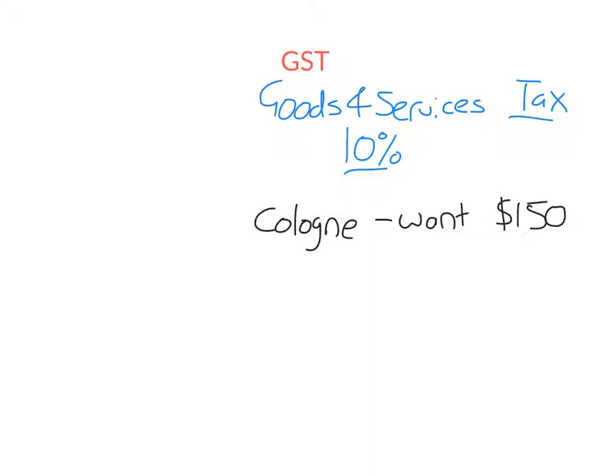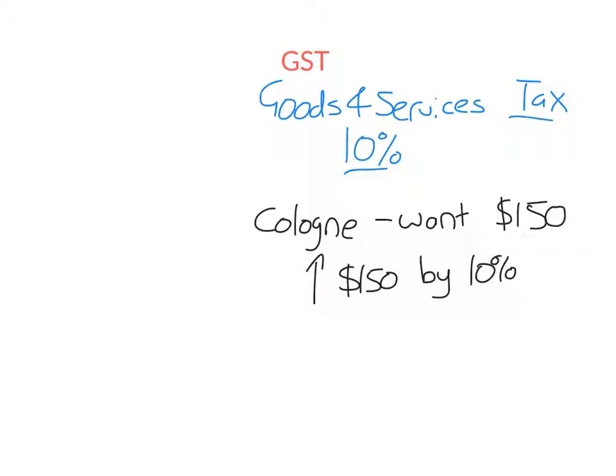So what companies have to do, they have to get smart. If I want to sell you this, I have to use some maths. If I want to get $150 in my pocket for this cologne, I need to increase that $150 by 10%. So I have to charge you 10% extra, so that extra money will go to the government.